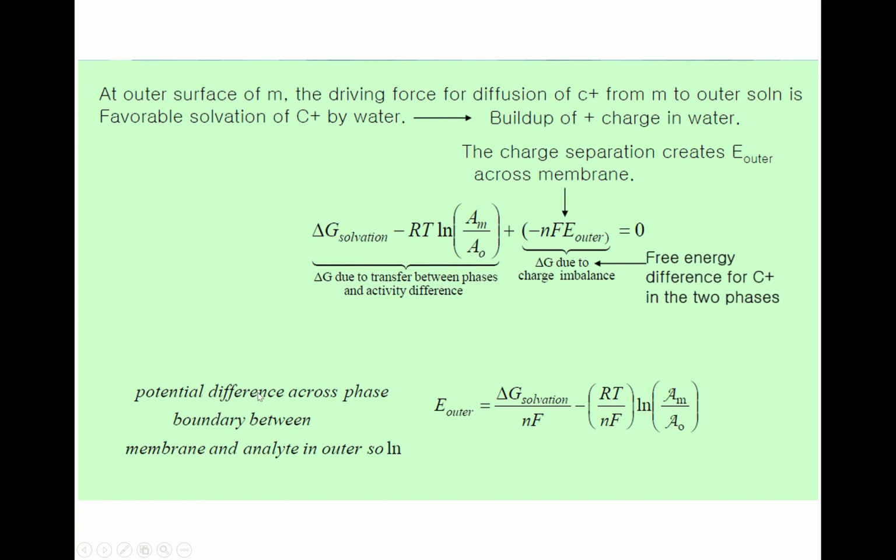If we divide this equation by nF, we get the membrane potential difference across the outer membrane. This is constant if delta G solvation is constant, and RT and F are also constant.